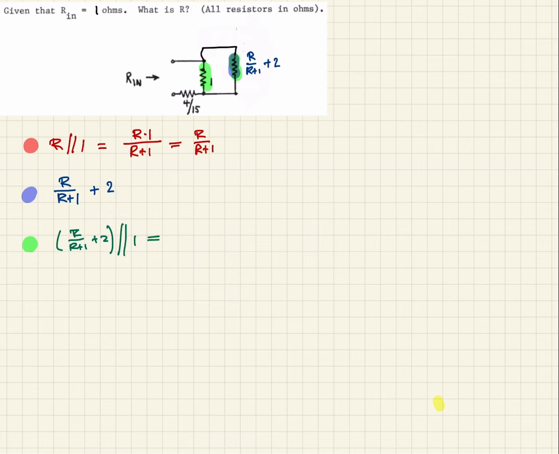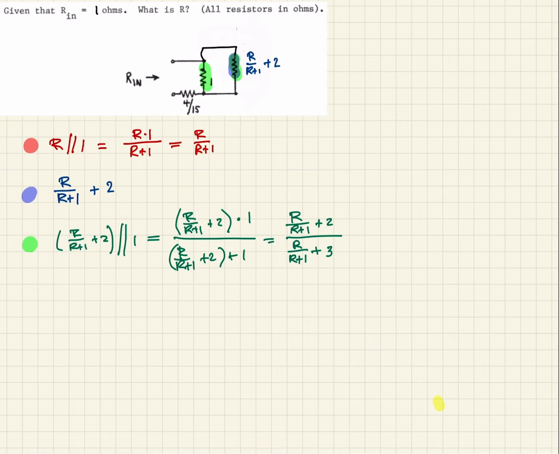And so what that means then is we'll have R over R plus 1 plus 2 times 1, over R over R plus 1 plus 2 plus 1. And so if we simplify this out, we'll have R over R plus 1 plus 2, over R over R plus 1 plus 3. Okay, so that's the new value for that.